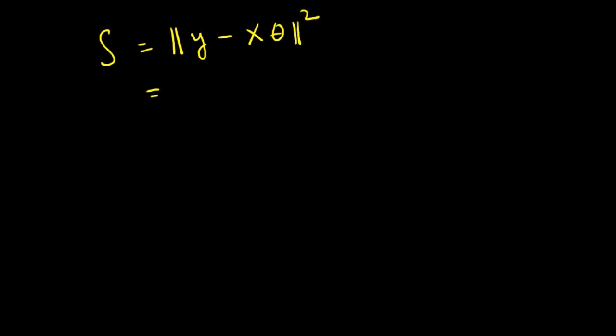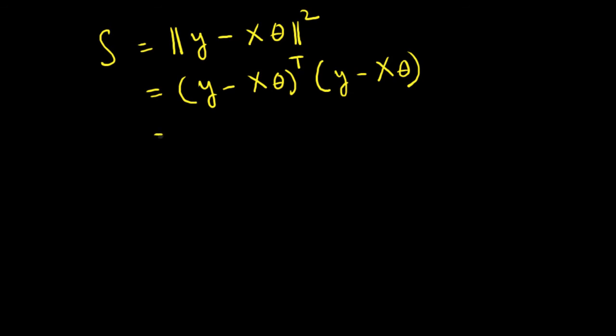So this can be written as (y minus capital X theta) transpose into (y minus capital X theta). And now we can take the transpose inside, and that will give us y transpose minus theta transpose X transpose.